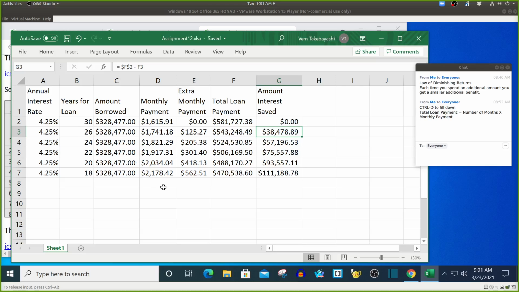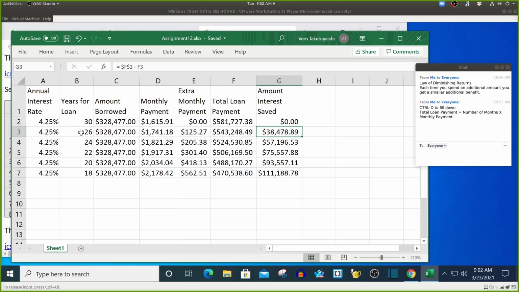But I want to do a slightly different way of looking at the what-if analysis. I want to say, what if I pay $100 extra each month? Well, it turns out I cannot easily just set this to 100. The way that I have to make this equal to $100 is by changing the number of years for the loan.